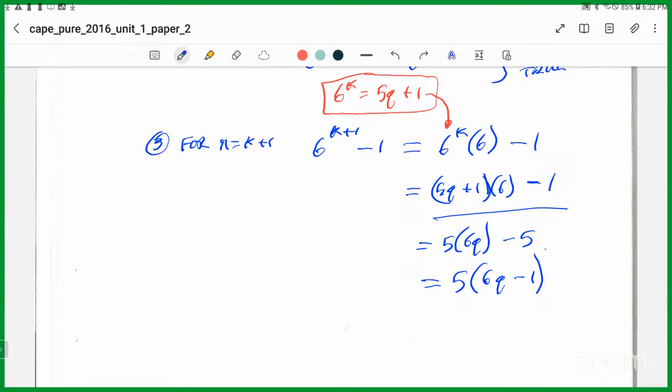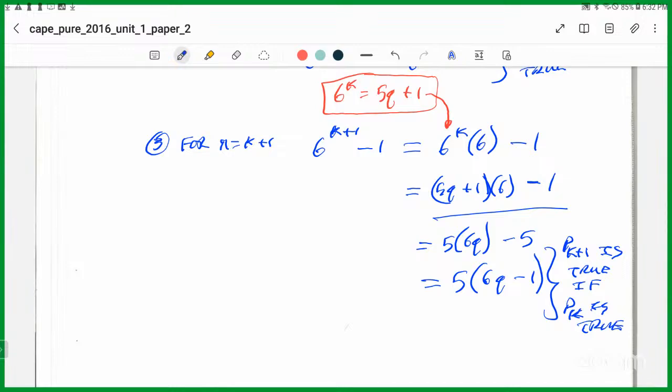So therefore it means that P(k+1), that's what we are at, P(k+1), because we use n equals k plus 1, is true if P(k) is true.